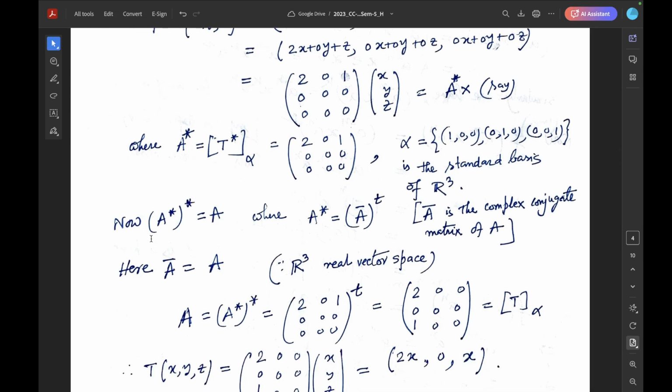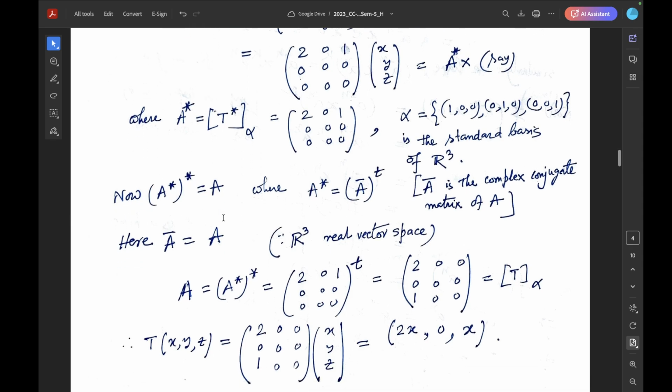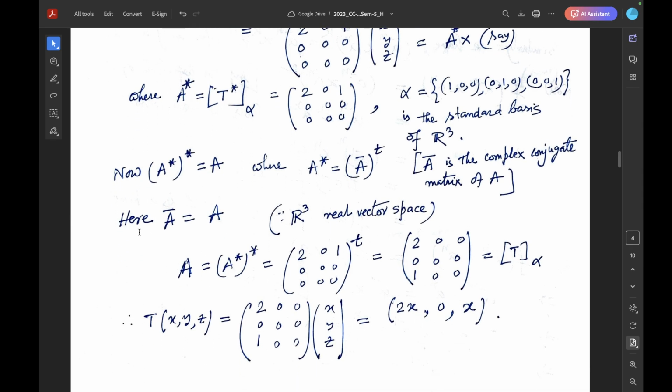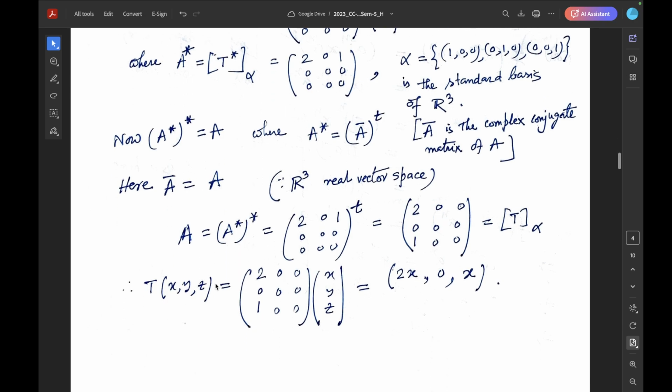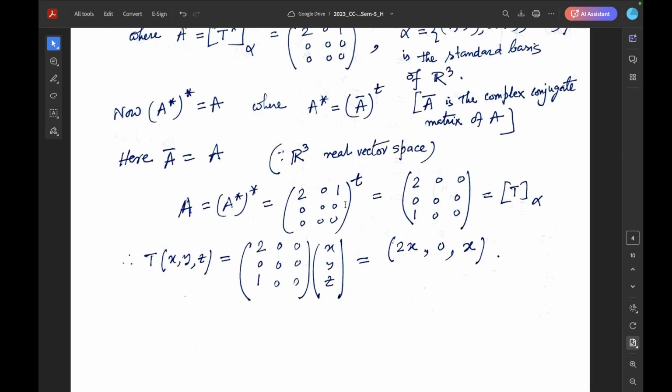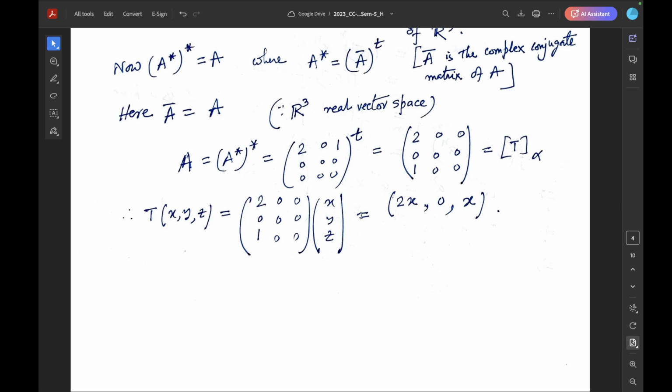Now A star whole star is equal to A by the theorem of the transpose. Here A bar equals A because A is a real matrix. All elements are real. So A equals A star whole star. Actually, this is the transpose of this. So T equals (2x, 0, x).